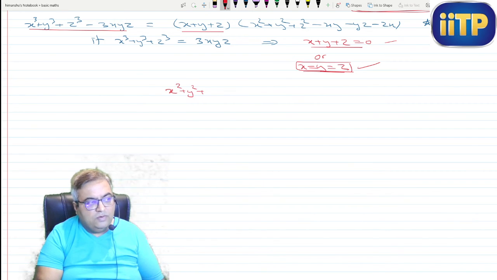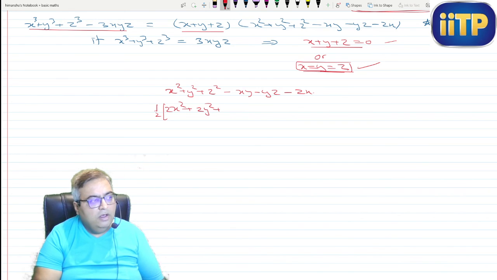Take x square plus y square plus z square minus xy minus yz minus zx. What I am doing here is multiplying the whole term by 2. So twice x square plus twice y square plus twice z square minus 2xy minus 2yz minus twice zx.